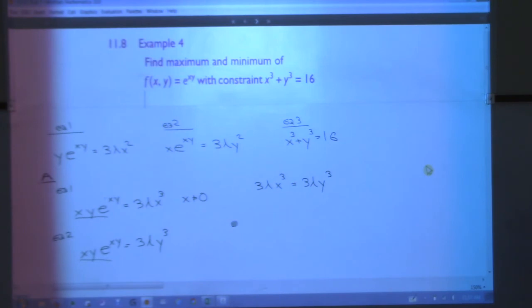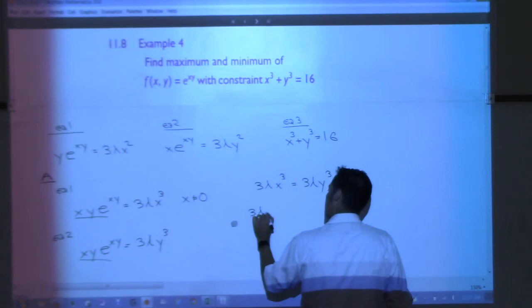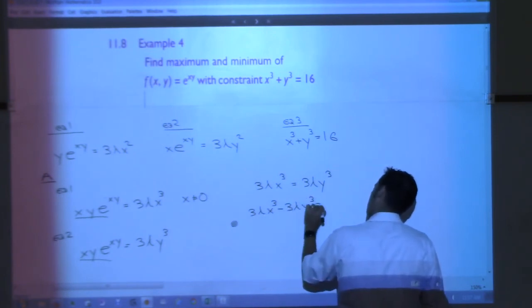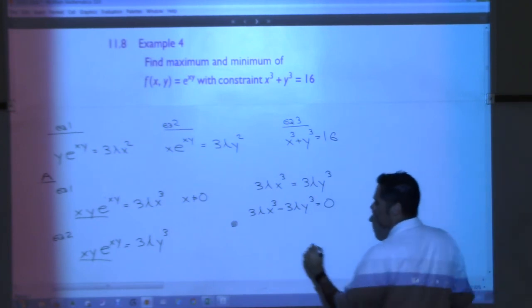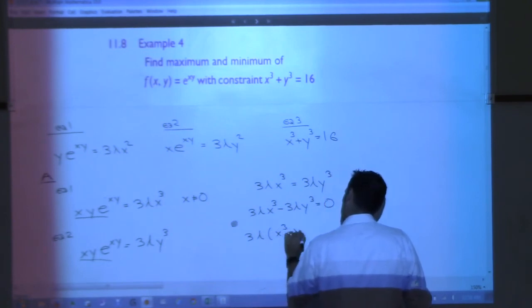I know you might have the urgency here to divide by lambda. Don't. Subtract from both sides and factor. So 3 lambda x cubed minus 3 lambda y cubed equals 0. Factor out a 3 lambda, and you have x cubed minus y cubed on the inside.